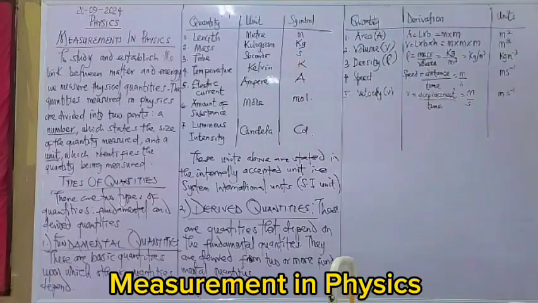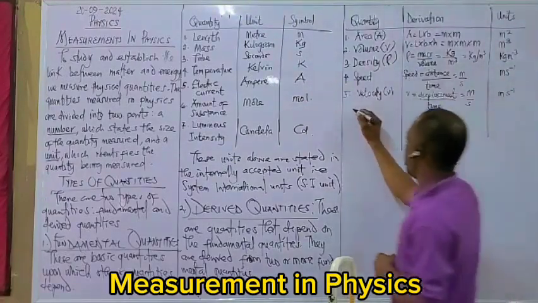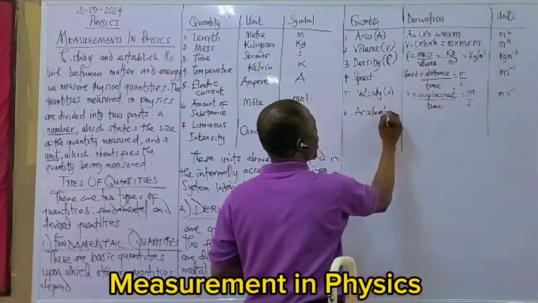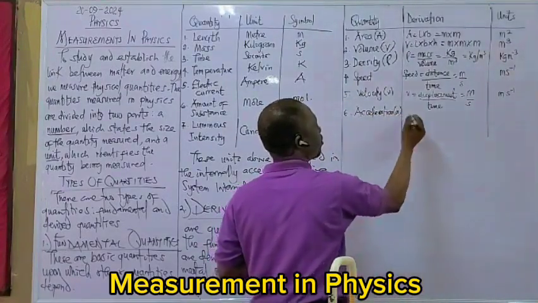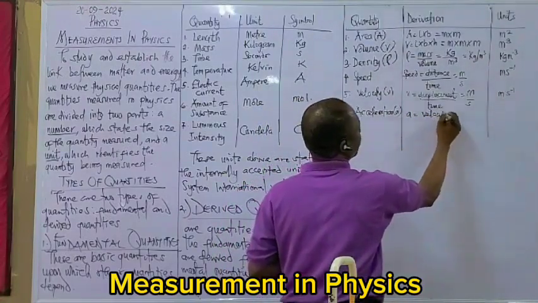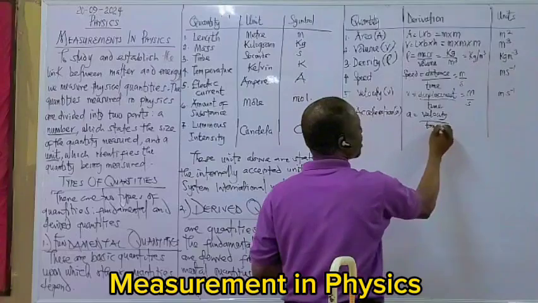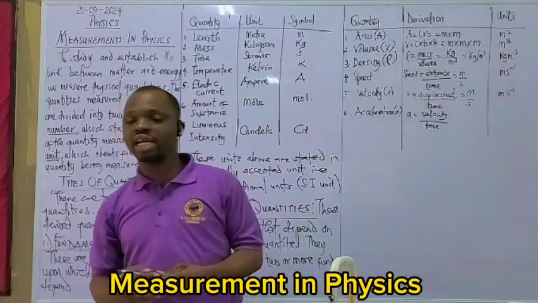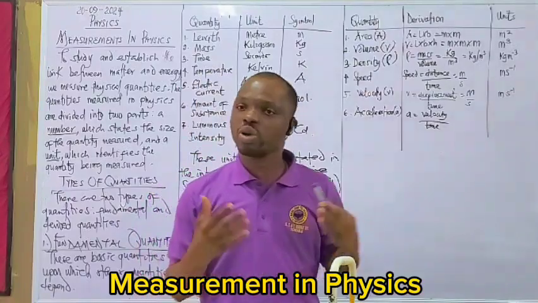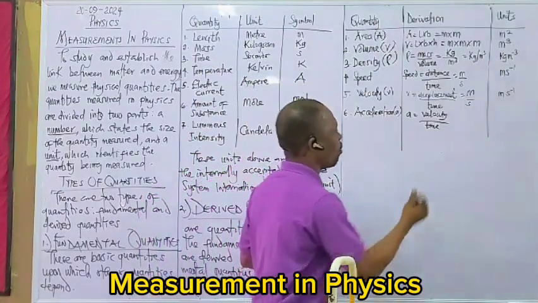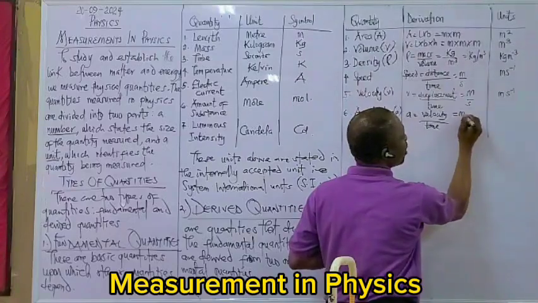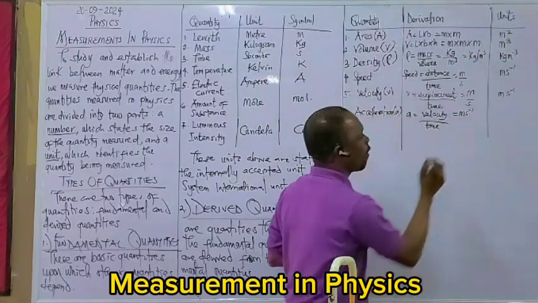That's meter per second. The next one we can guess, acceleration, A. A equals what? Velocity over time. Acceleration is defined as the time rate of velocity, or change in velocity with time. Now, what is velocity? Meter per second, over what?